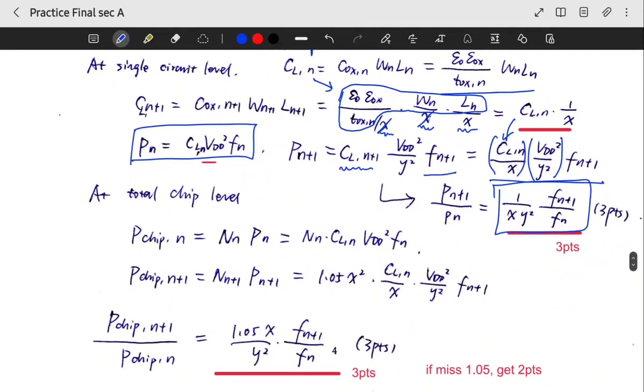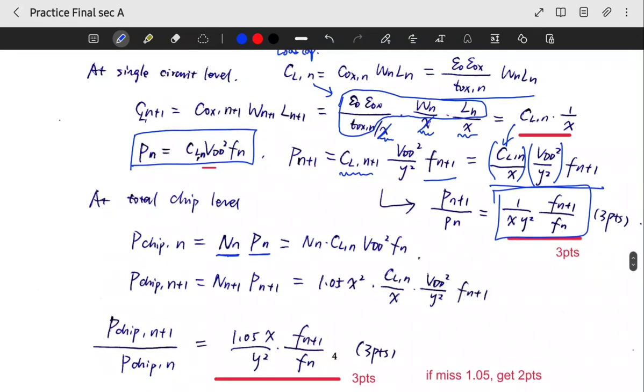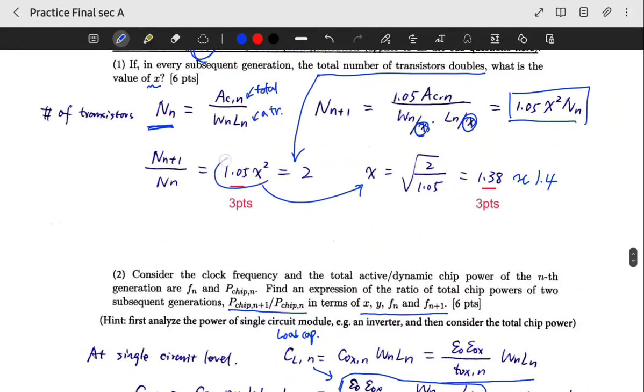But this is not the end, because this is for the single circuit. So if you want to find the total chip level, we need to multiply this by the total number of transistors. So the total power will be the number of transistors times the single circuit power. Here we know that N n plus 1 is equal to 1.05 X squared from the previous calculation here.